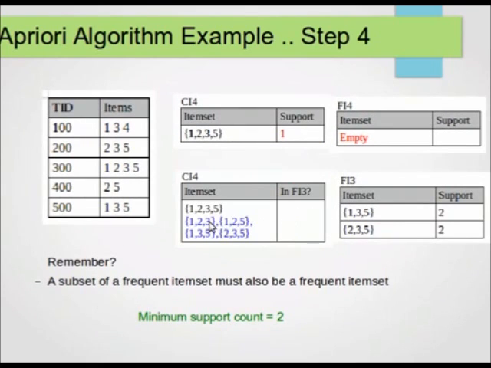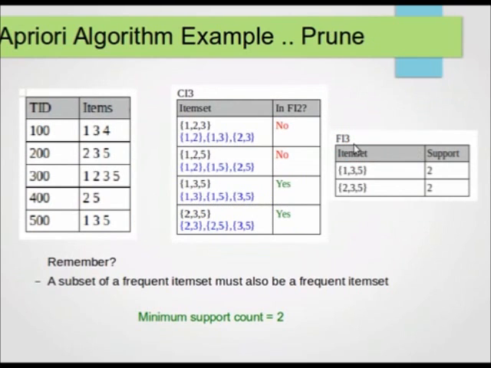So you can see them here. 1, 2, 3 is not there, so again we remove that anyway, and we will end up with an empty frequent item set from the fourth iteration, and therefore we stop there and return the frequent item set from the previous iteration, which is the third iteration, and we have this frequent item set. I hope that makes sense. So now the algorithm stops and returns this list.